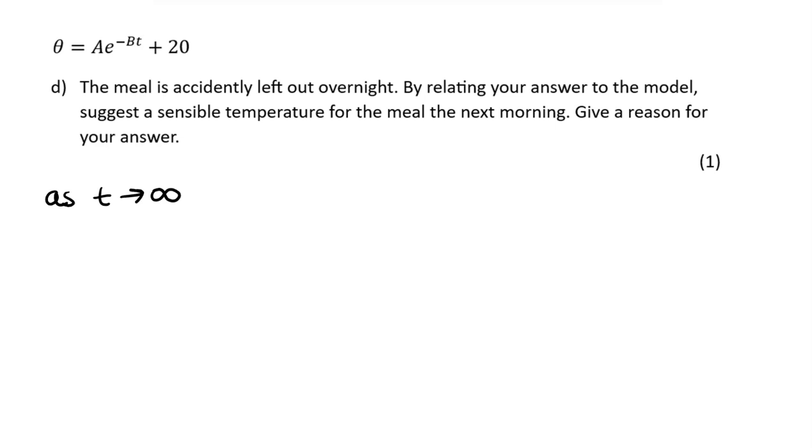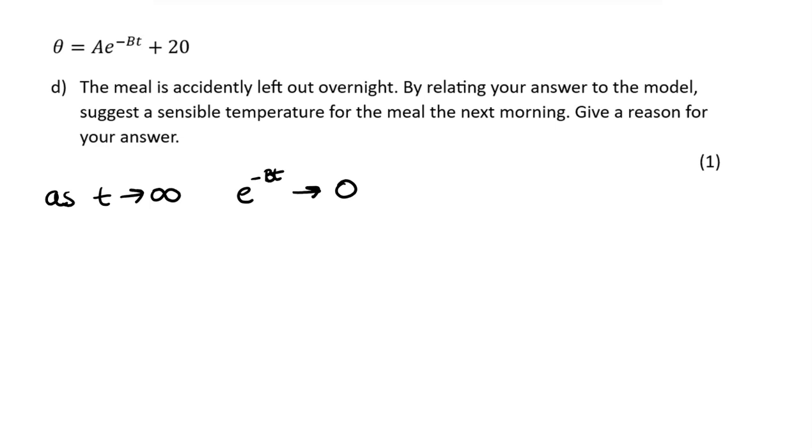As t tends to infinity, that e to the minus bt part is just going to go to 0, because you're doing e to the power of minus a really, really big number. And because of the negative there, you're doing 1 over e to the power of a really, really big number. If you do 1 over a really, really big number, it's going to tend towards 0.